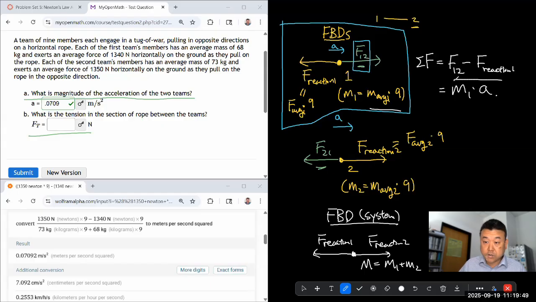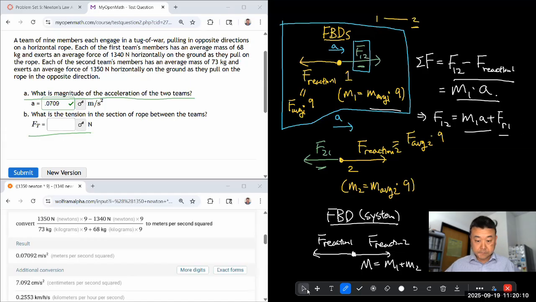And this is an equation with everything known except for this internal force. I know everything else, so I can solve it for that internal force. F12 is equal to M1A plus F reaction 1, and I can just plug in these numbers, get the force that way.